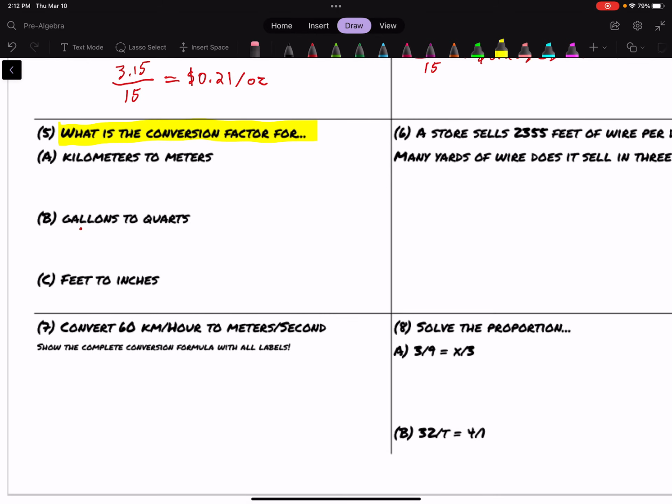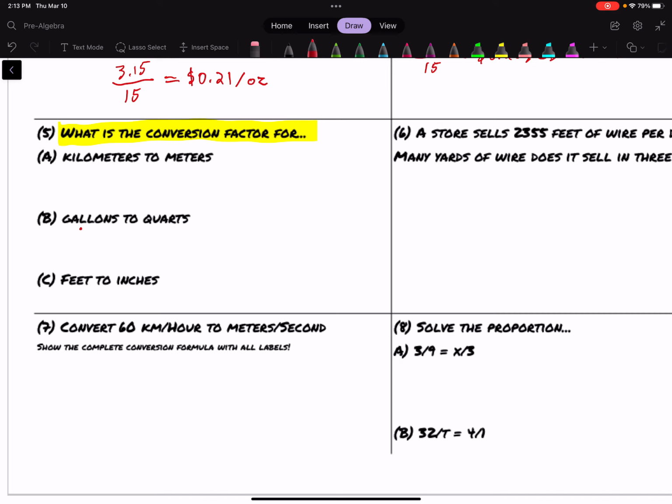All right, now let's do the last problem here. What is the conversion factor for these three items? If you remember, conversion factors always say: what are you starting from and what are you going to? When you want to start from kilometers and go to meters, you've got to know how many meters there are in a kilometer. You always put the starting point on the bottom.